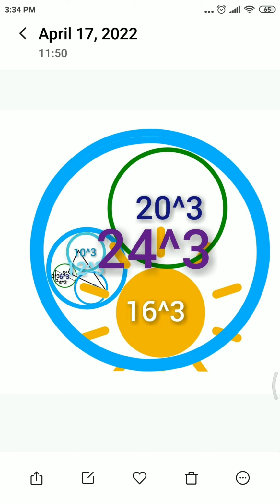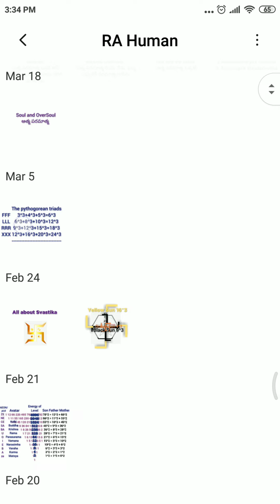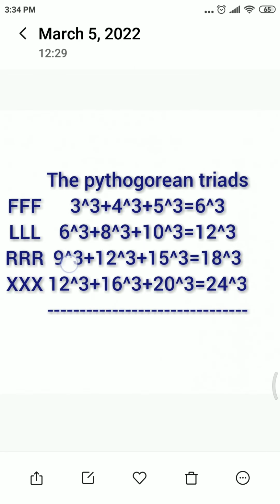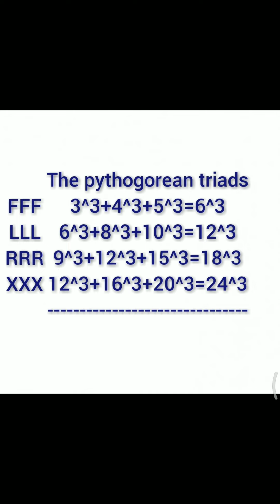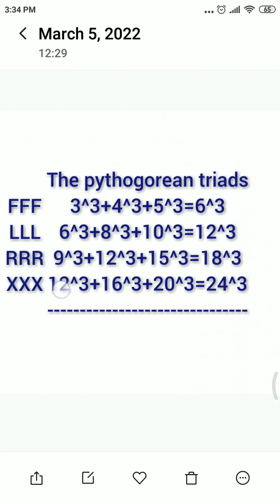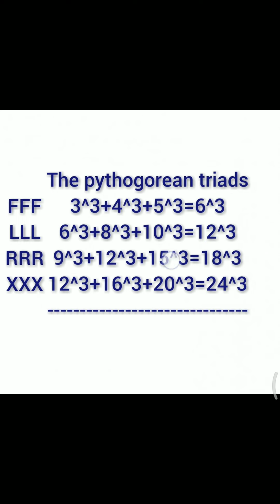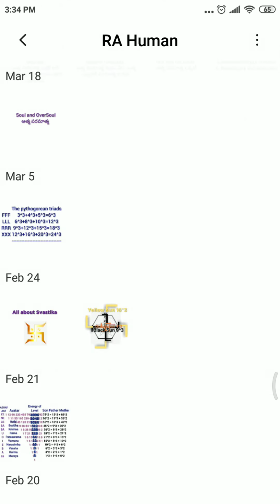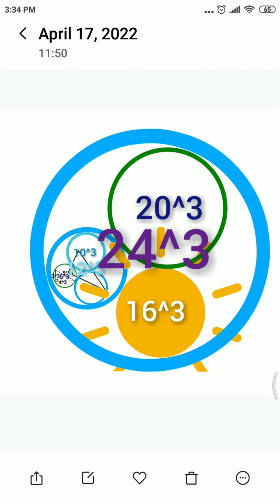The third triad should have been this, right? 12 cube should have been here, but 12 cube appears in the fourth triad, not third triad. So the third triad is obviously missing for some reason.